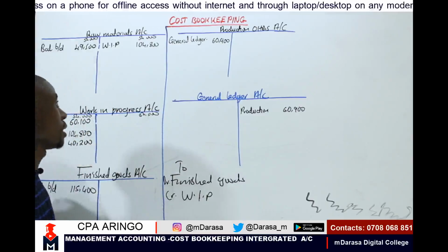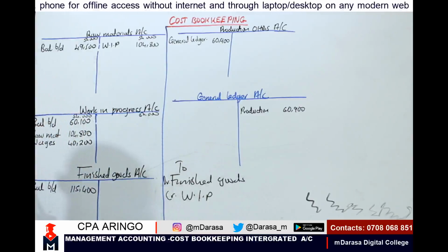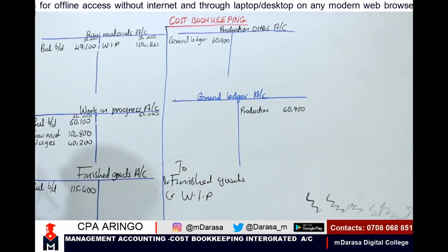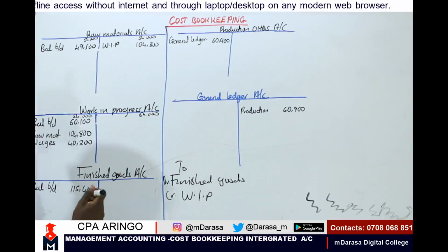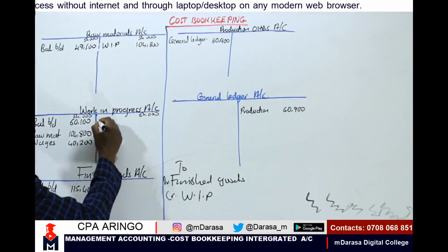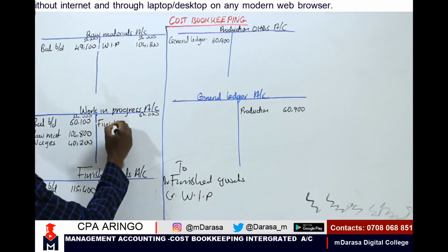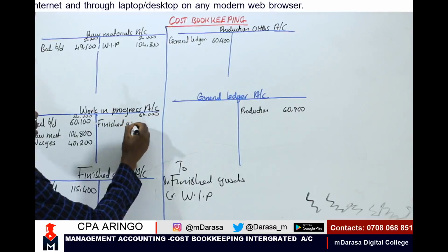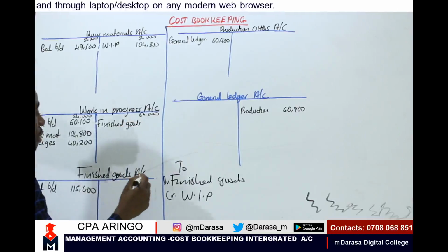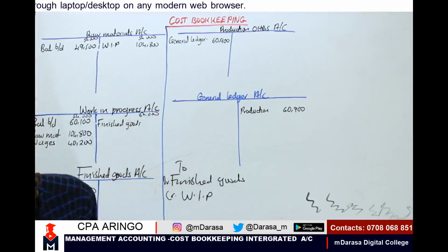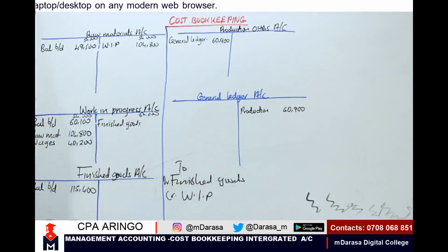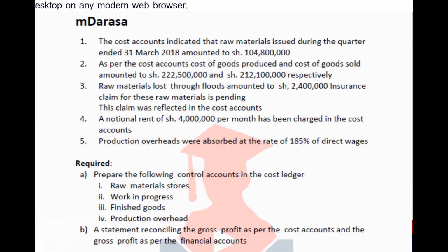So confidently, I can come and record our data here. So I should be having my finished goods account at that point. I was given a figure of 222,500.